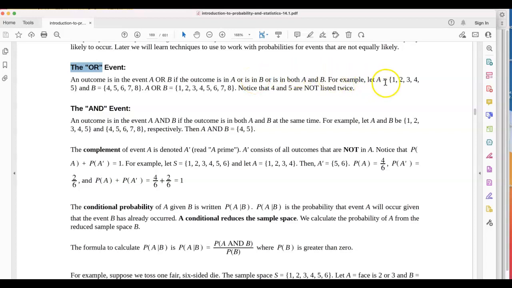So if A was the numbers 1 through 5 and B is the numbers 4 through 8, you're going to end up with A or B being the numbers 1 through 8, but you're not going to list 4 and 5 twice, because 4 happens and 5 happens, but we don't have to list them twice. They don't occur twice. We're just doing one event here. So or looks like that if we say an or in between two events.